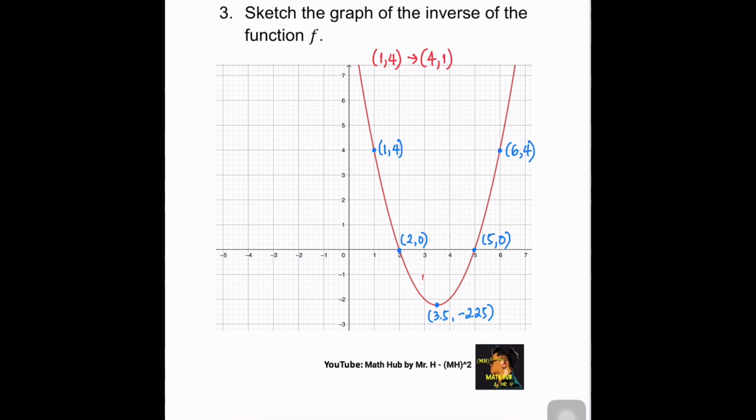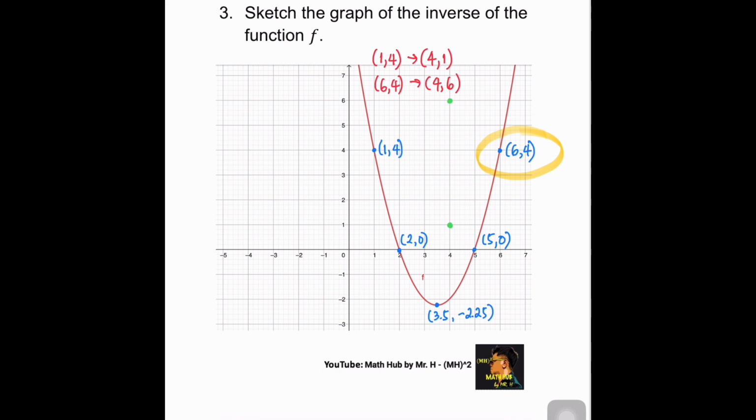So 4 comma 1 is here. The next point will be this one, 6 comma 4, and 6 comma 4 will be at 4 comma 6. So 4 comma 6 is here.